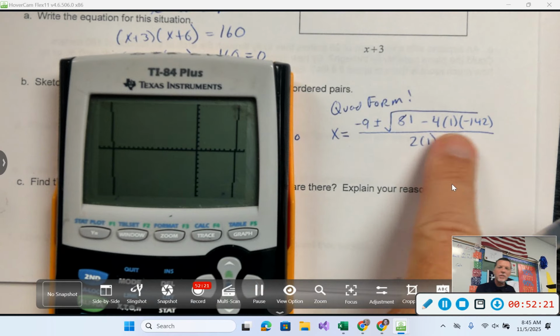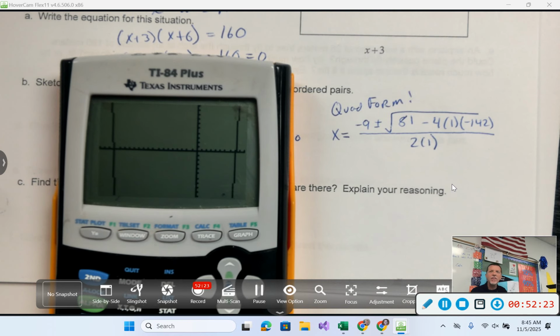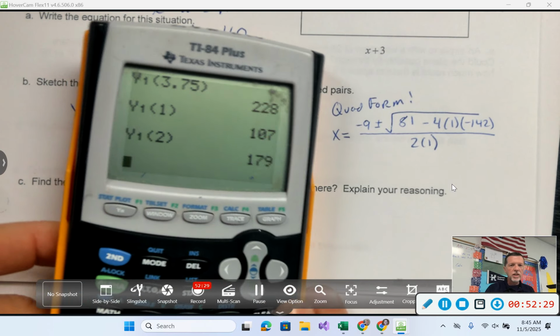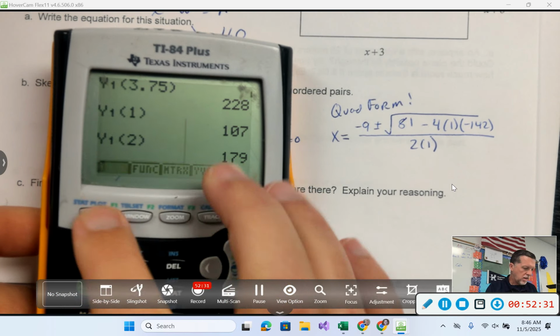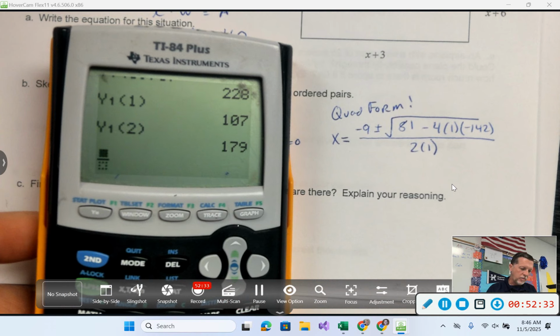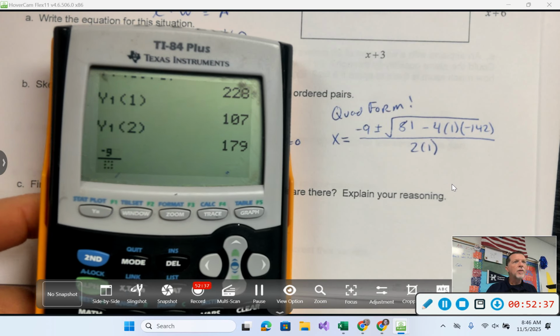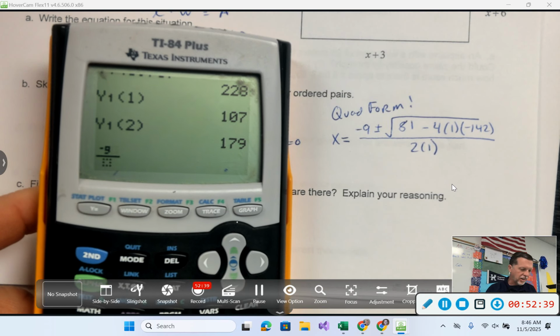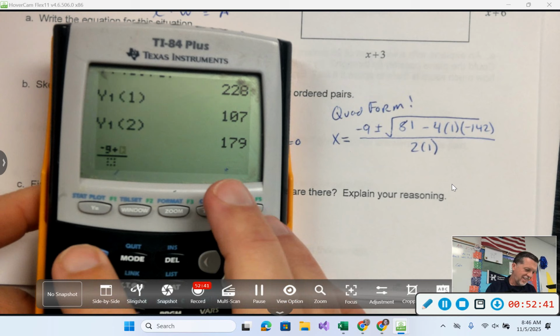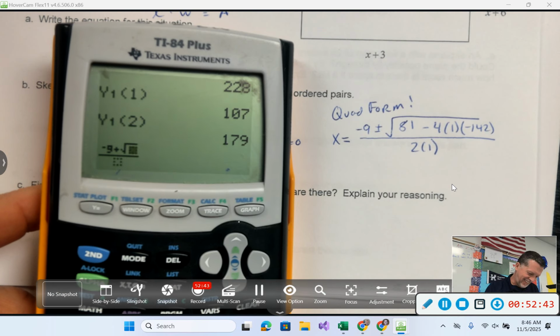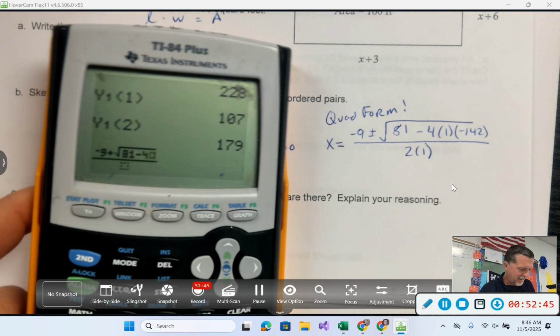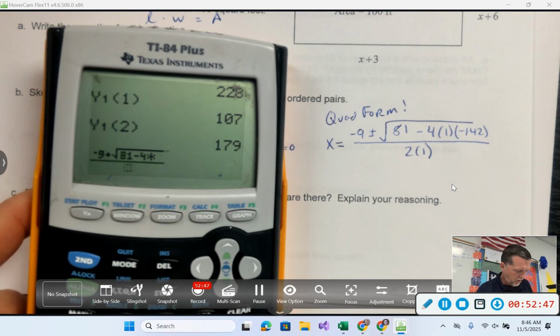So here's where some of you are going to put pieces of it in the calculator and write things down. Others of you are going to just shove it all in there and just be careful. I'm going to use the fraction bar and put all of it in there. Where's the plus minus button on the calculator? There's a plus and minus button. I wish.